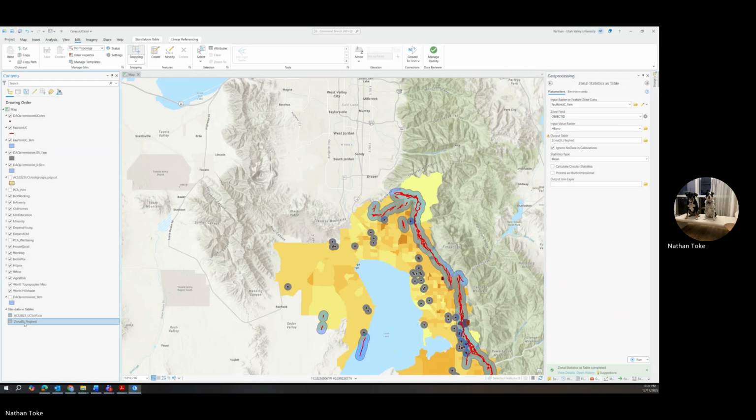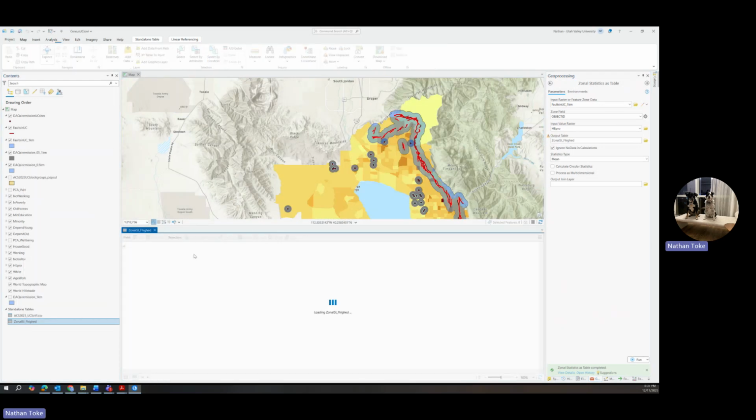And it's really simple. If we open this up, it's going to tell us that on average, 16% of people within that 1 kilometer of the faults have graduate degrees.